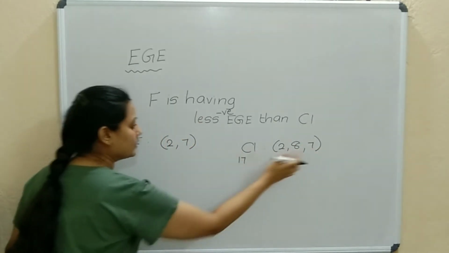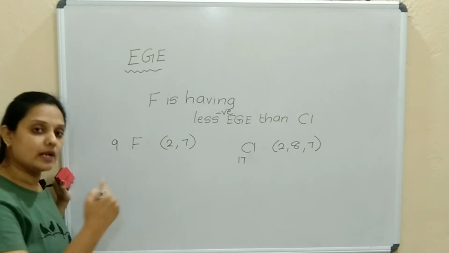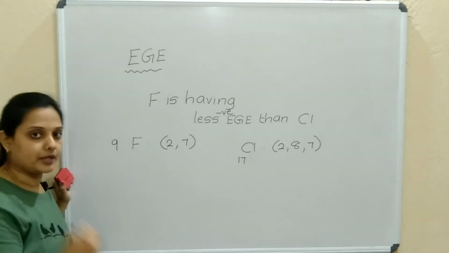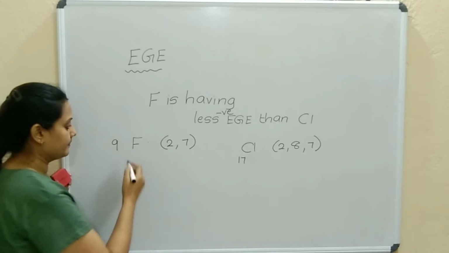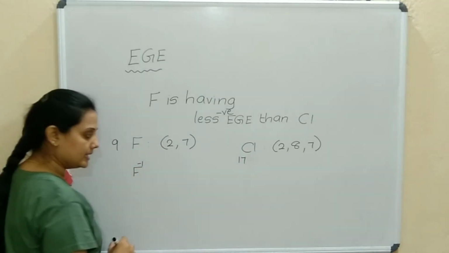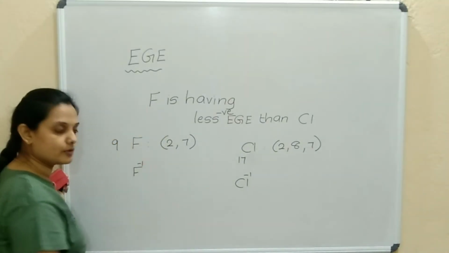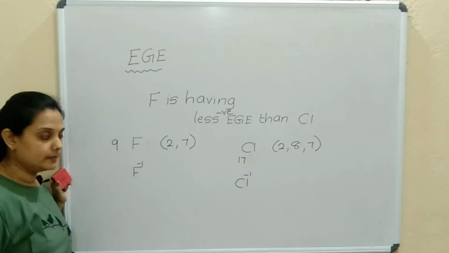The outermost shell has 7 electrons, so it gains 1 electron to complete the octet. Gaining an electron, the atoms become negative ions. Fluorine will become F minus and chlorine Cl minus. The 1 we are not writing, I just wrote it to explain. So it gets a negative sign.